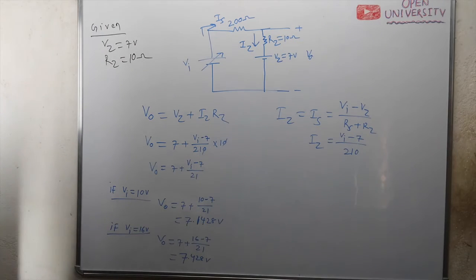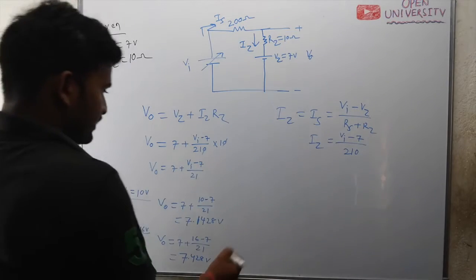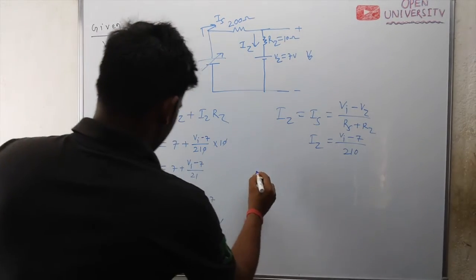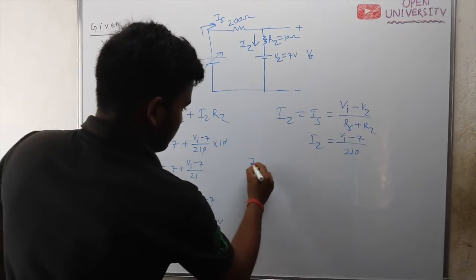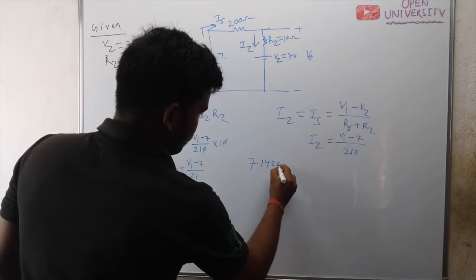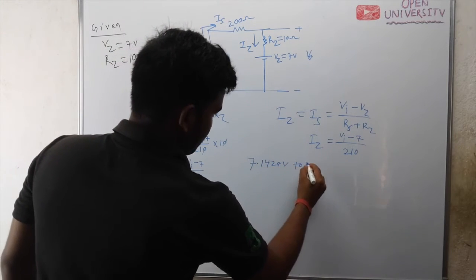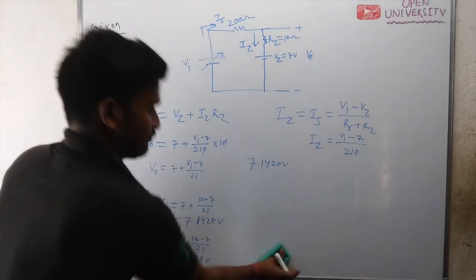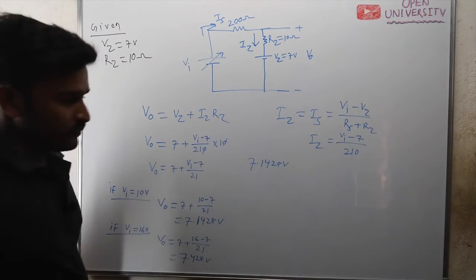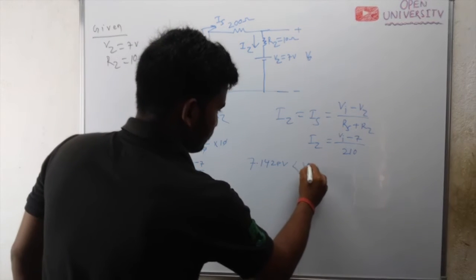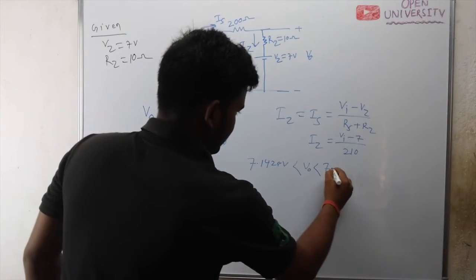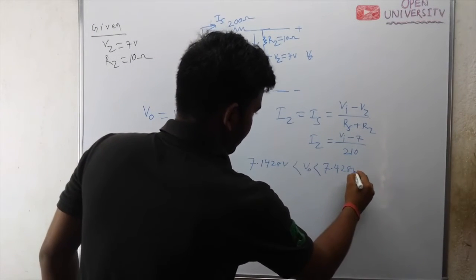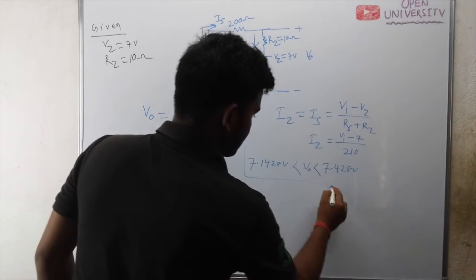So your output voltage is in between 7.1428 volt to 7.428 volt.